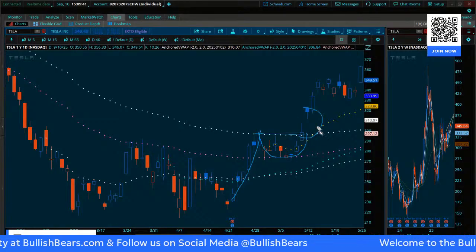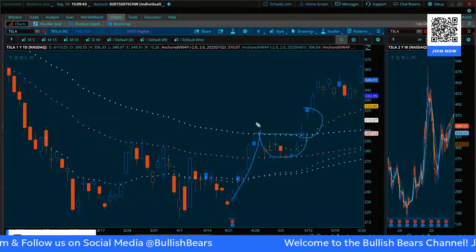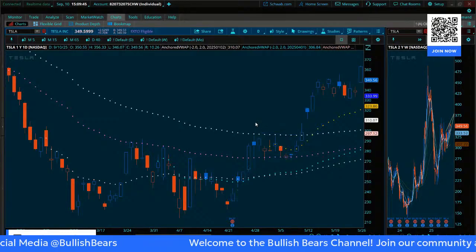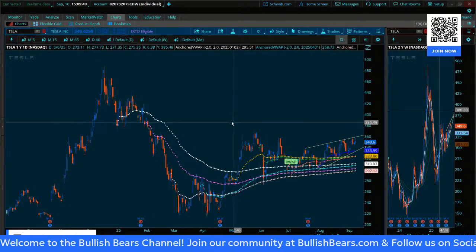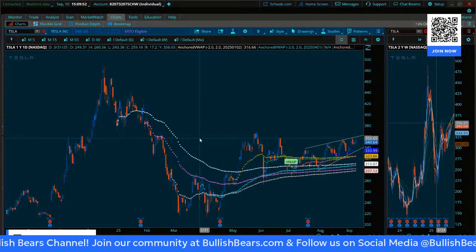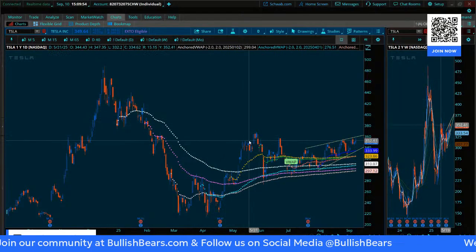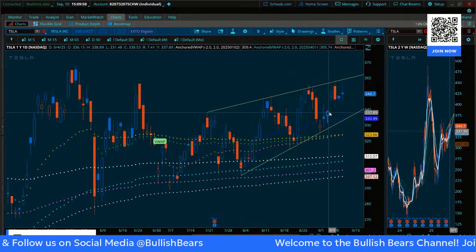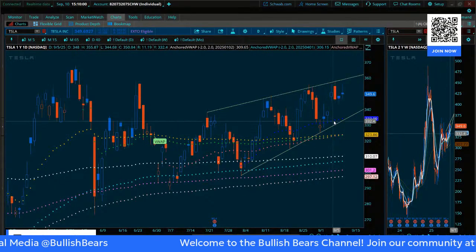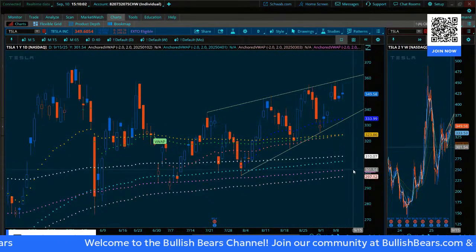And then it made a big after hours move, right? It broke in after hours. You'll see that a lot in Bollinger Bands, moving averages, VWAPs, and pivot points. If price can't get through it in the regular trading hours, it'll jump it after hours.